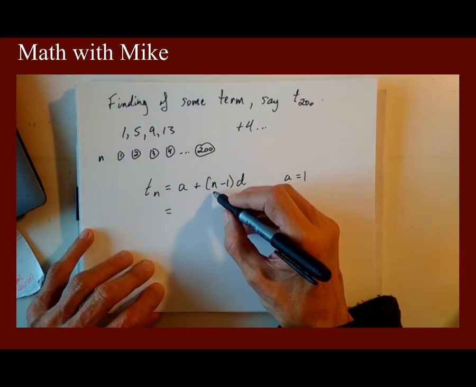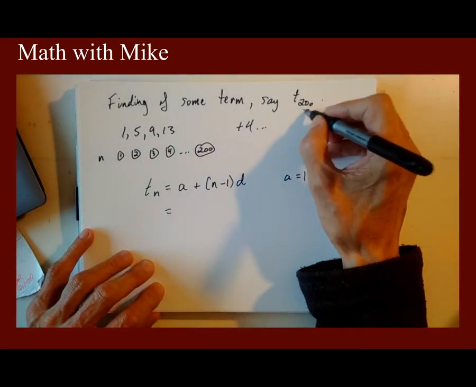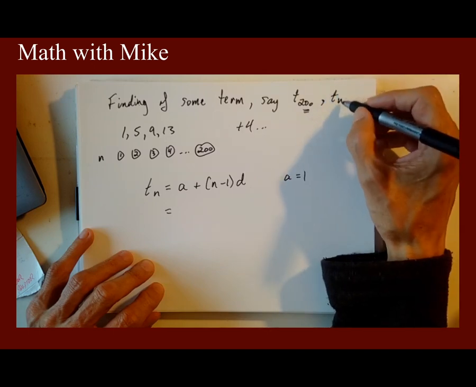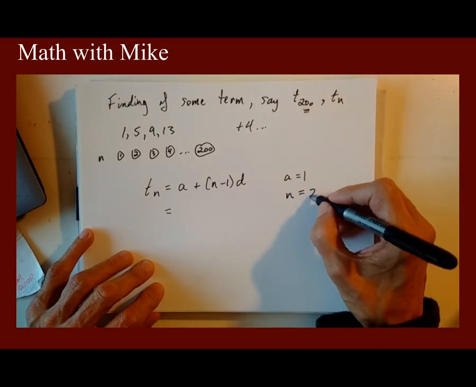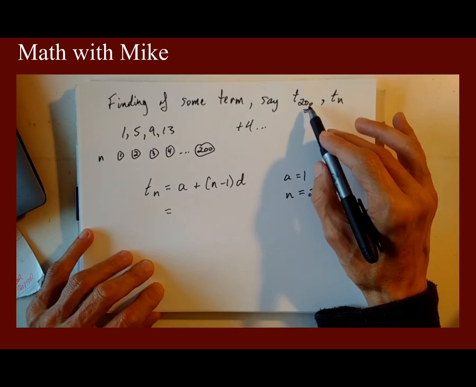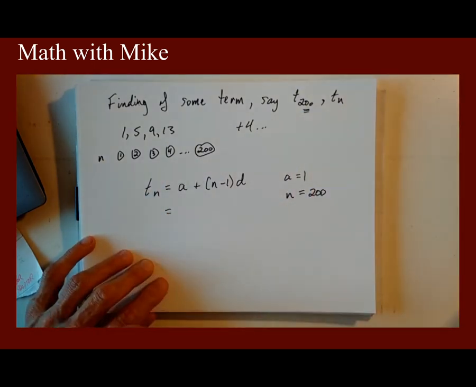N is the position that we're looking for. So I'd like to remind you that this symbol comes from T and then an N down below. So N is going to be 200 because it's in the N spot, which means, as I said earlier, the 200th location.